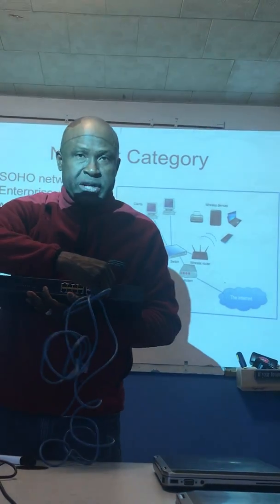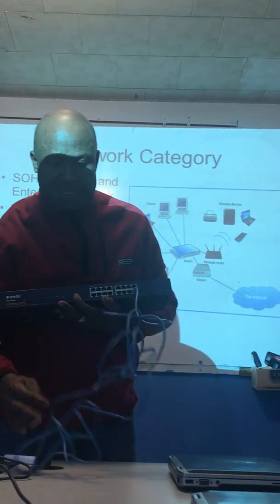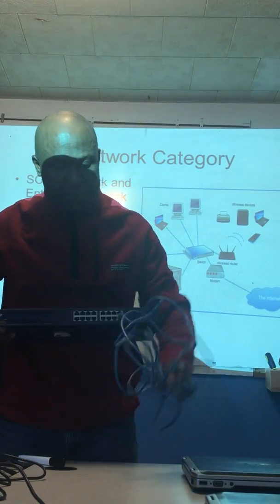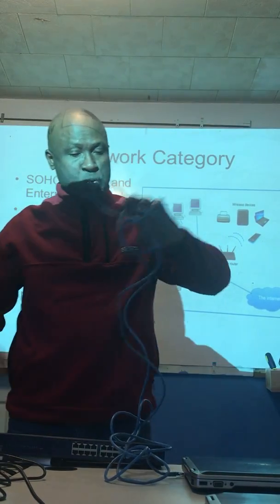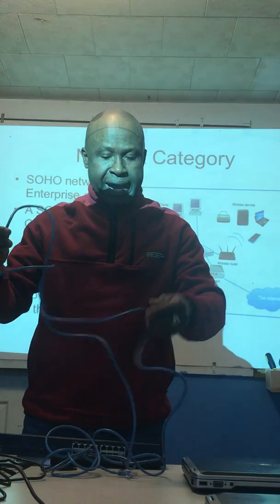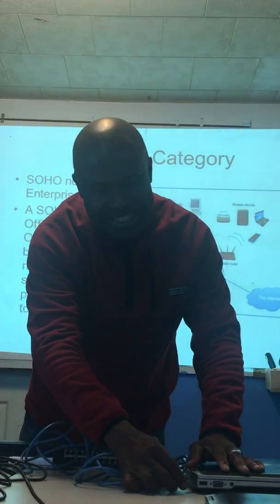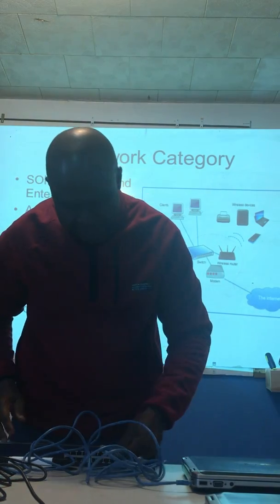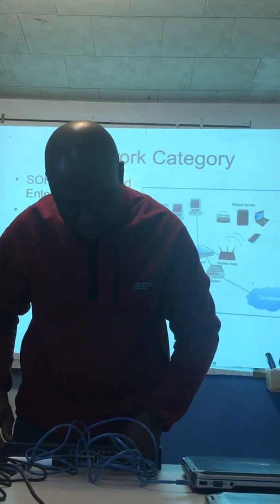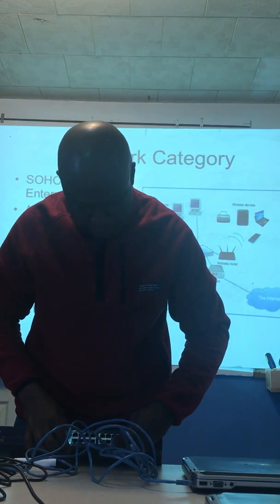Here's the switch. I plug one end of the cable into the switch, and I plug the other end into the RJ45 port on this laptop, and I have a computer connected to the network.